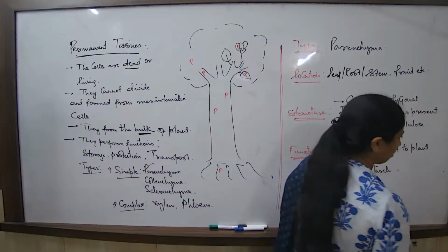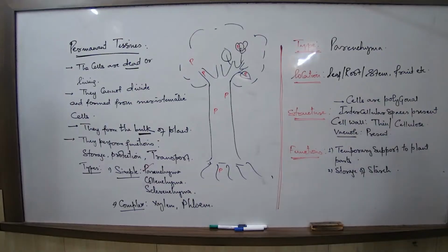For parenchyma, whether I talk about the stem or the root, the potato is a very good example, and the grains like maize are also examples of parenchyma, the first type of permanent tissue. Storage of food in the form of starch is a major function, always to mention.